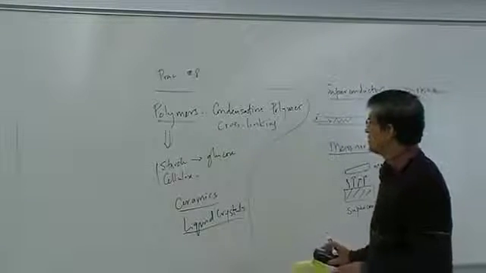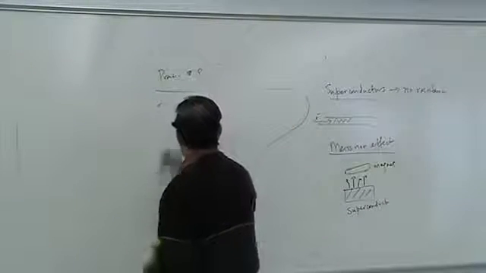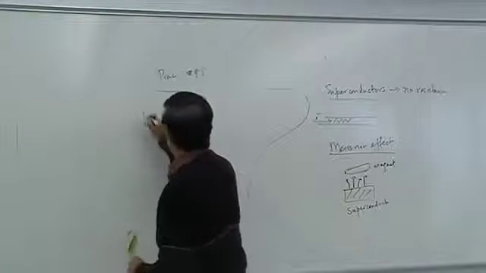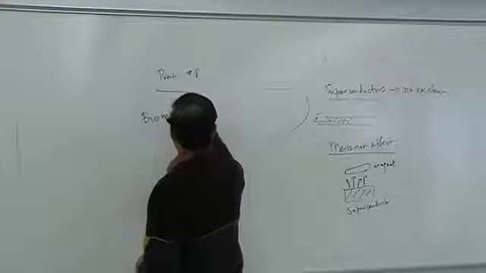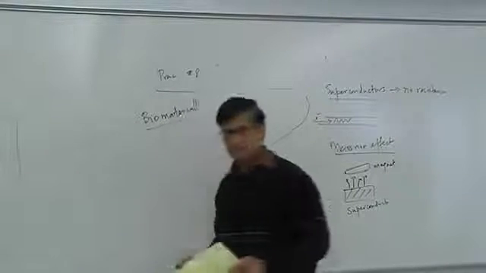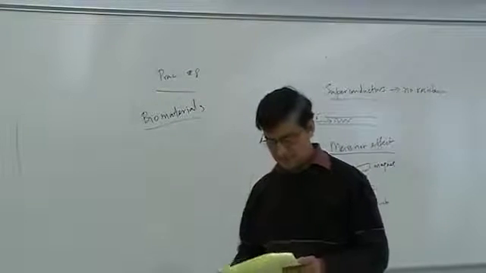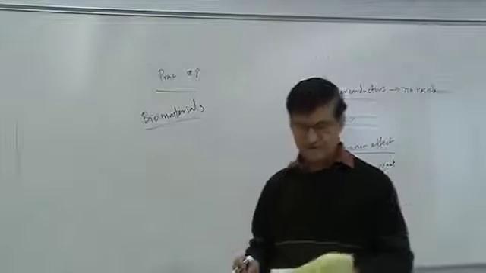Then you need to know what we call biomaterials. Again, these are part of descriptive chemistry. My lecture note should be sufficient because we mentioned there what biomaterials are, and their physical and chemical requirements.